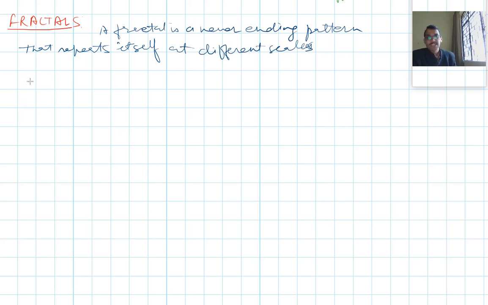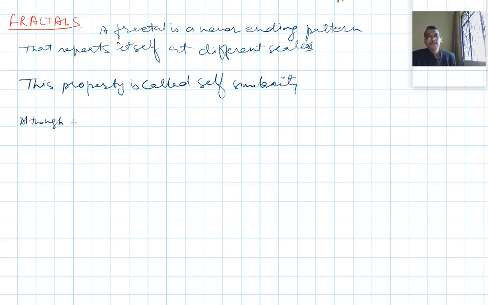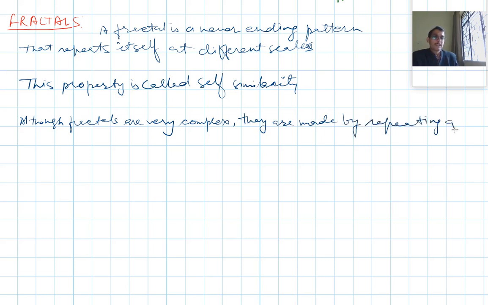This property is called self-similarity. Although fractals are very complex, they are made by repeating a simple process.